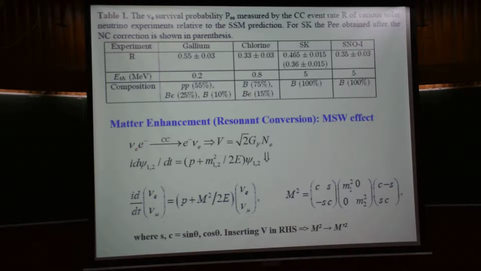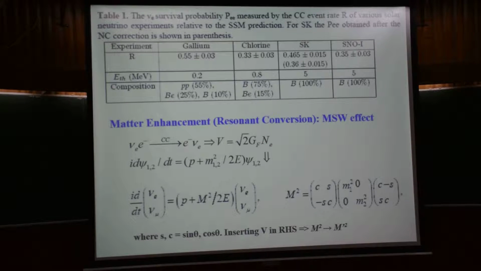So nu E interacts with electrons to have charged current interaction, shown here. So we have to consider the interaction potential energy coming from that reaction. In the last class, we said that it is parameterized by the simple Fermi coupling constant times the electron density.